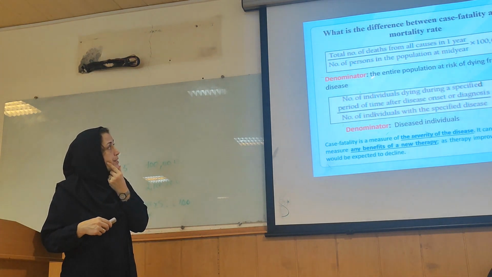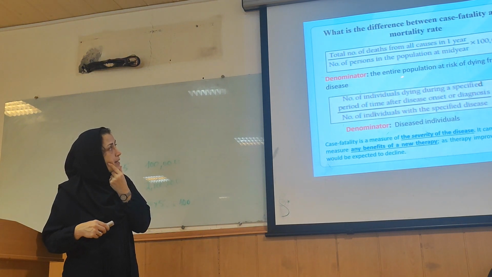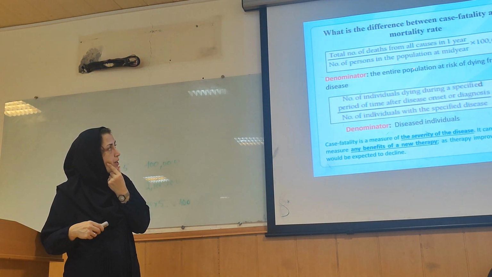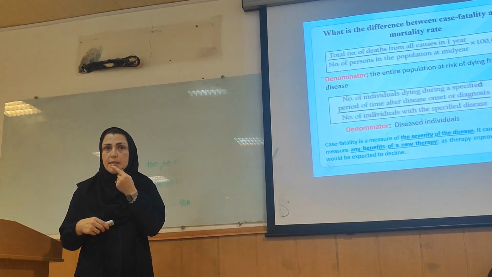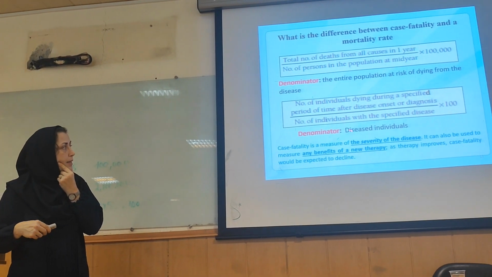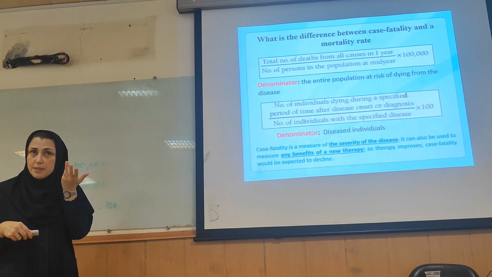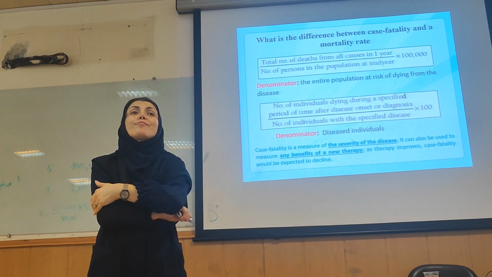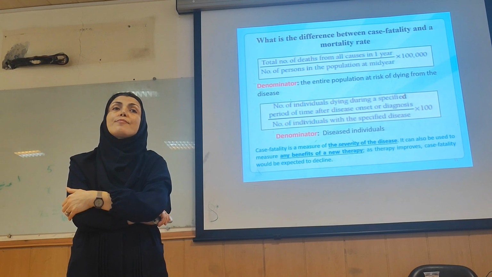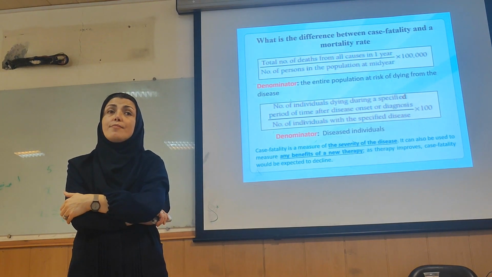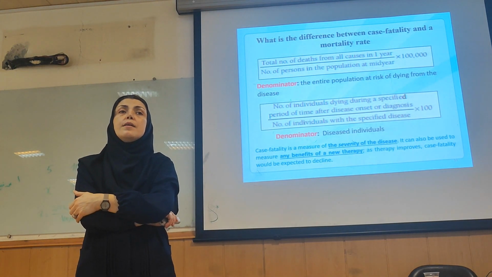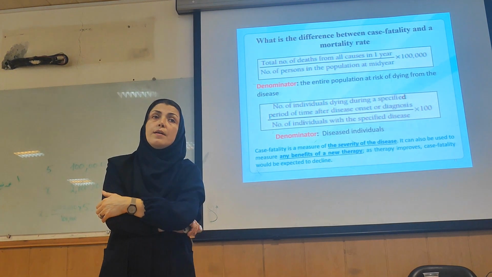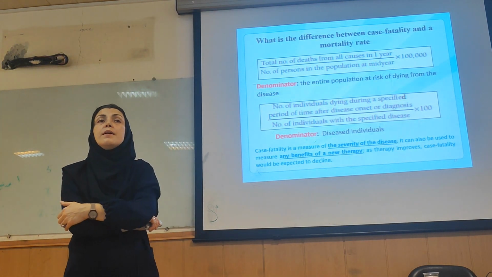The numerator is the same, but in the mortality rate the denominator is the entire population at risk of dying, the entire population who are healthy. But here, I have a question. If we want to check the case fatality of cancer, for example, however, we noticed that there are 10% of the people who had cancer and died but did not die because of cancer.